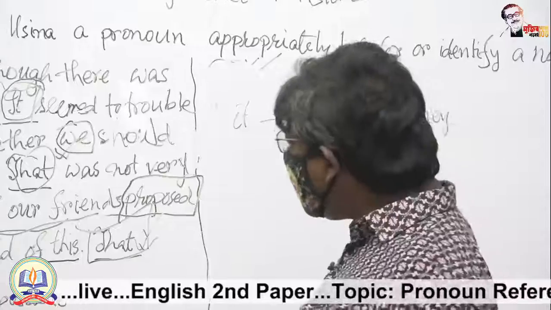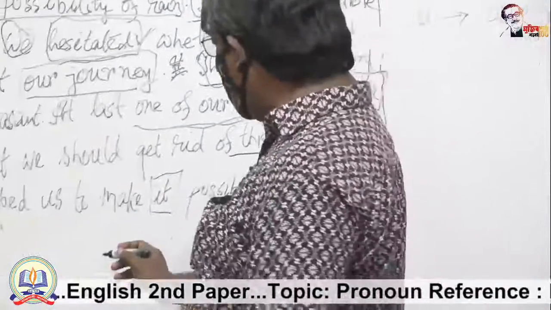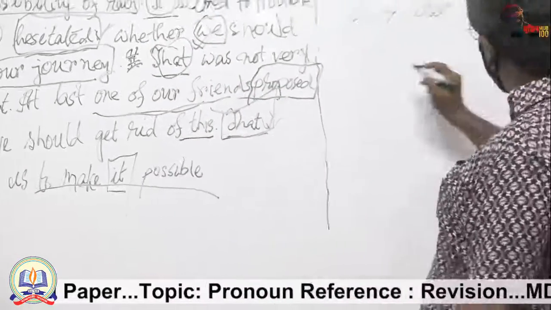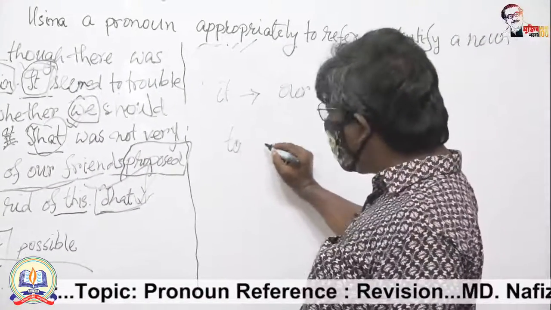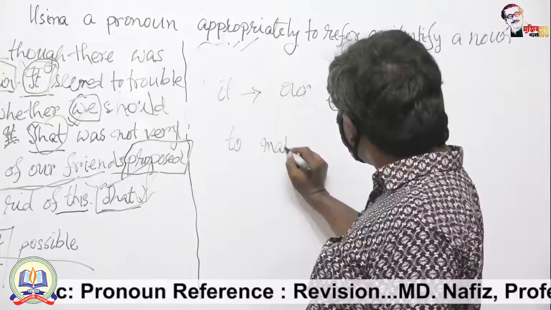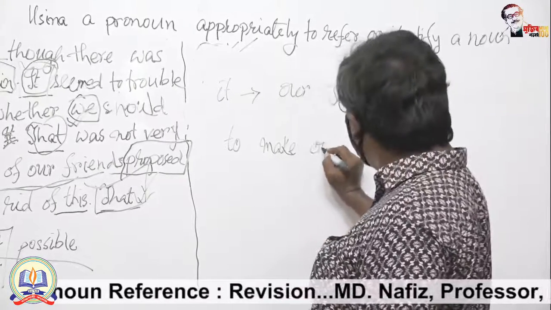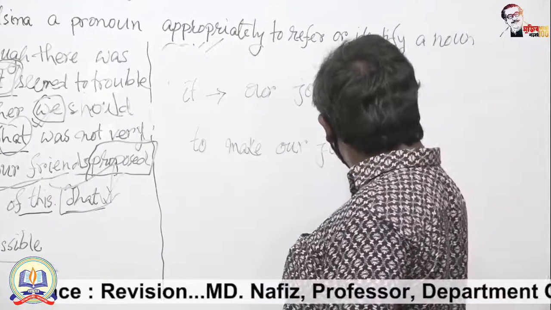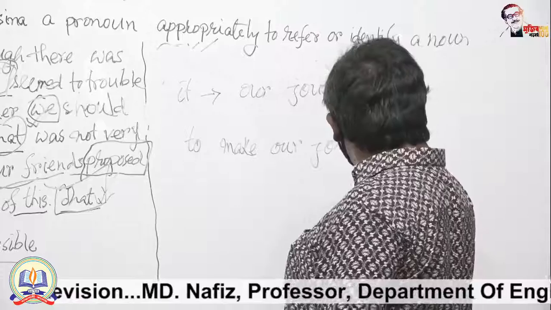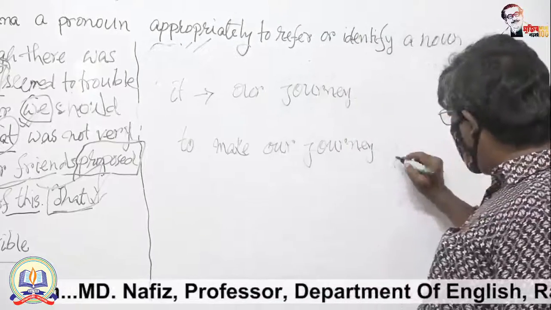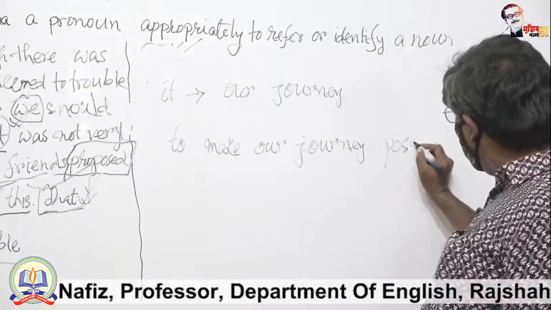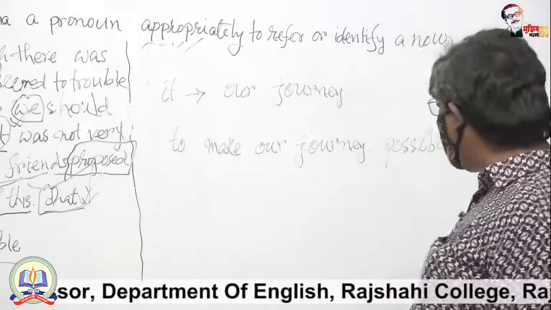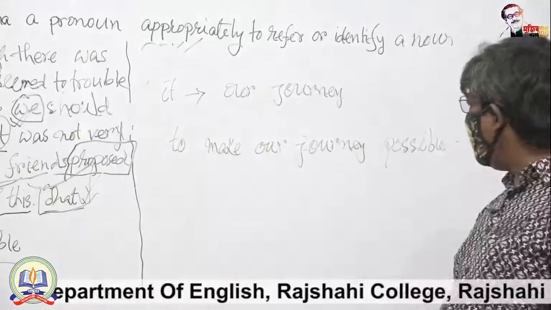So, we will alternate this phrase to make it possible, in this way: to make our journey possible. Full stop. To make our journey possible.